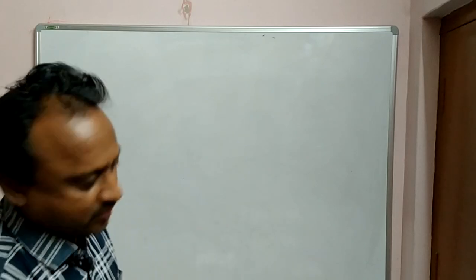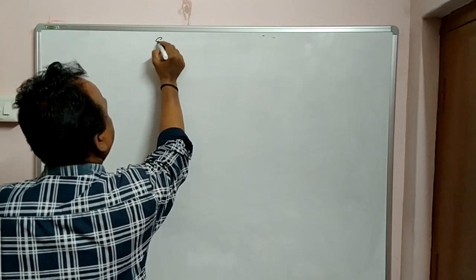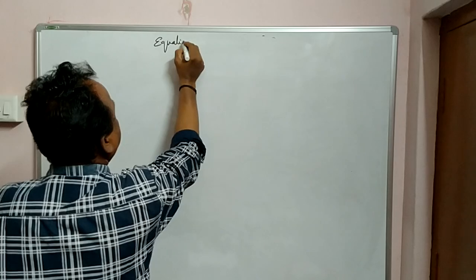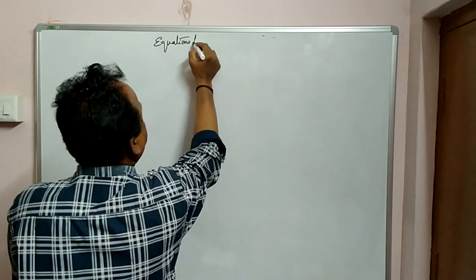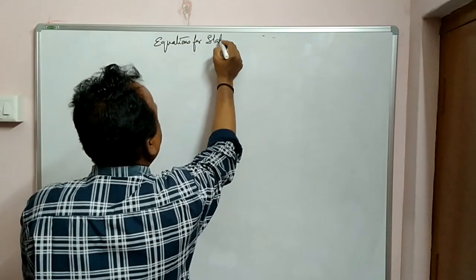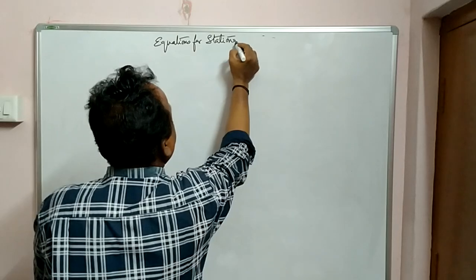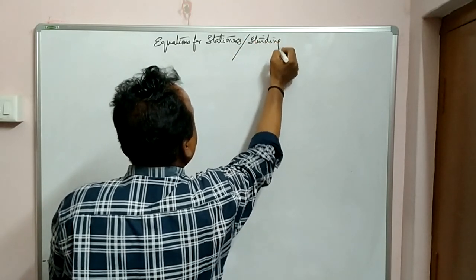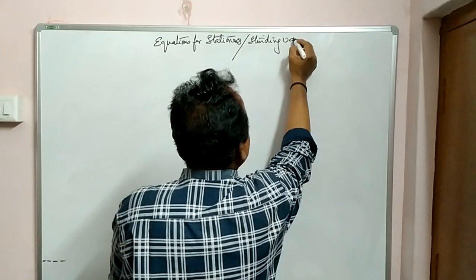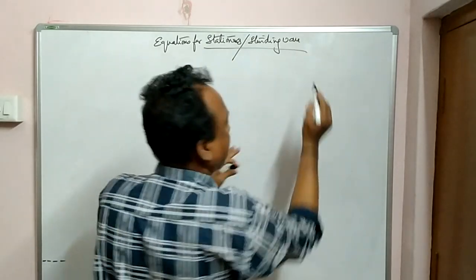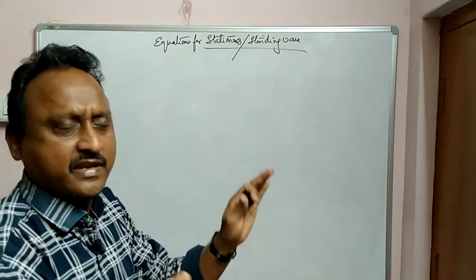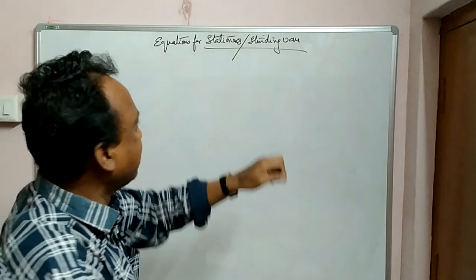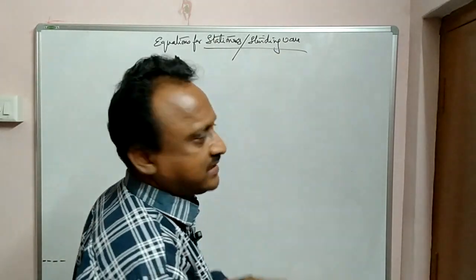Now let us study the mathematical equations for stationary or standing waves. That means which is not moving. Wave is not moving with velocity. Okay? Wave కదలట్లేదు, అక్కడే ఉంది. It is not having any velocity. It is standing there. Stationary. That is the meaning of stationary or standing wave.